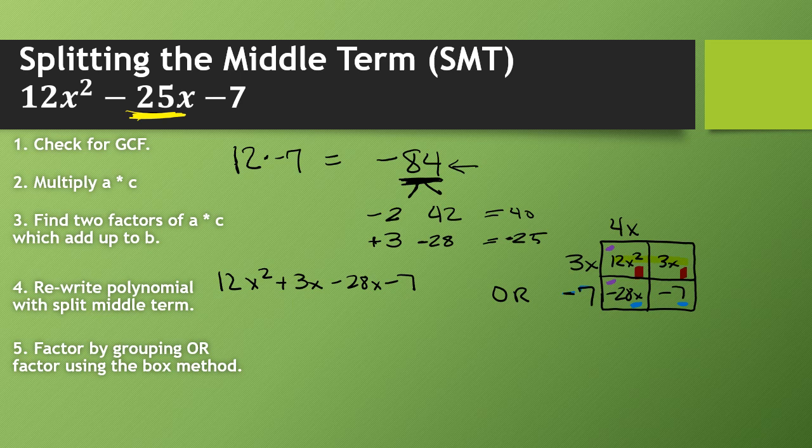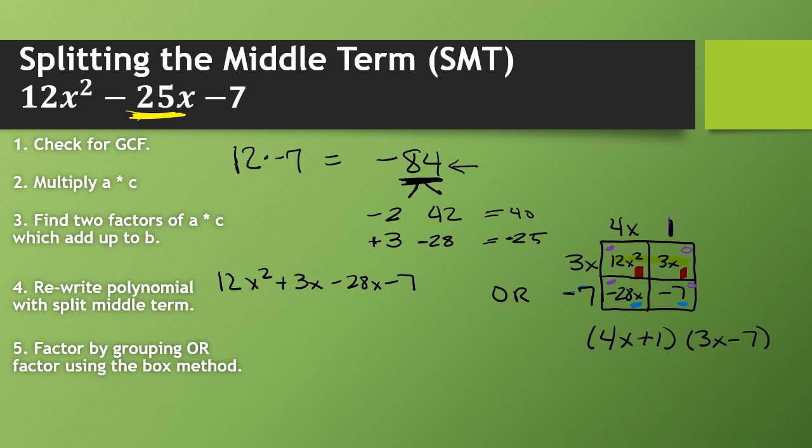And then last but not least, I'm going to look at my last column, 3x and negative 7. 3 and negative 7 don't have anything in common, and x and a constant don't have anything in common, so I'm just going to GCF out a 1. This means that my two binomials are going to be 4x plus 1 and 3x minus 7.